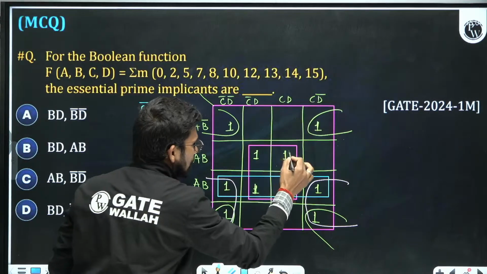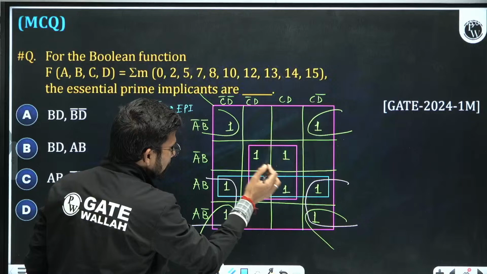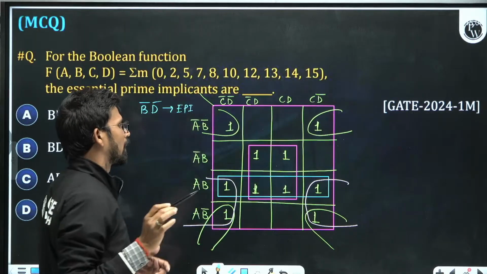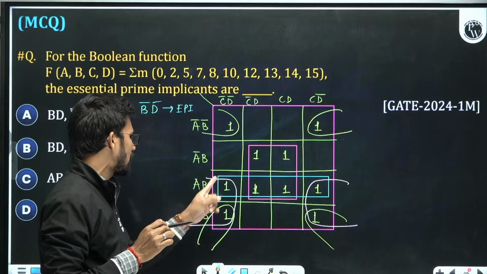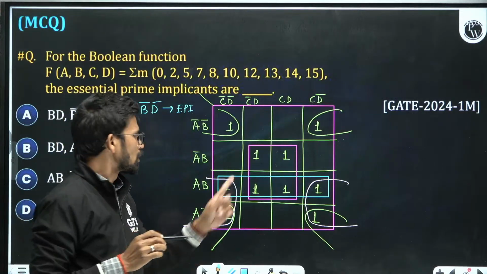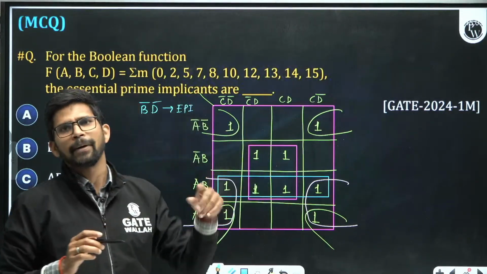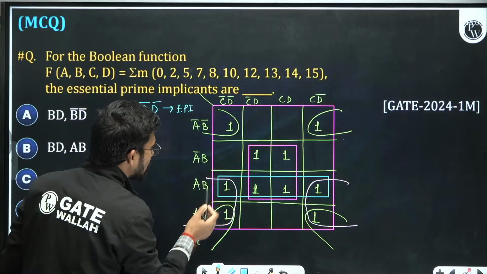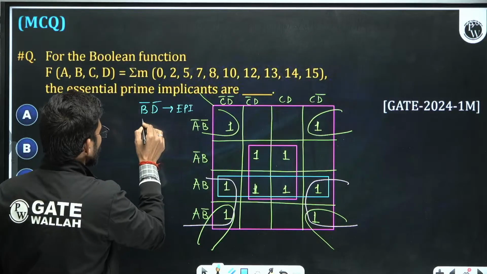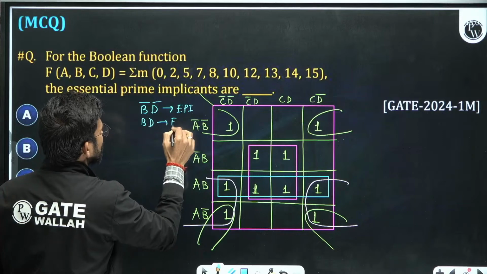This pink prime implicant, these 2 ones will only be covered by this pink prime implicant. They cannot be covered by this prime implicant or this white prime implicant or this green prime implicant. So therefore this is an essential prime implicant. Its value is B, and from here D. So BD is also an essential prime implicant.